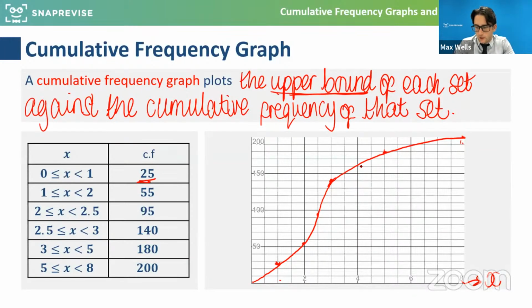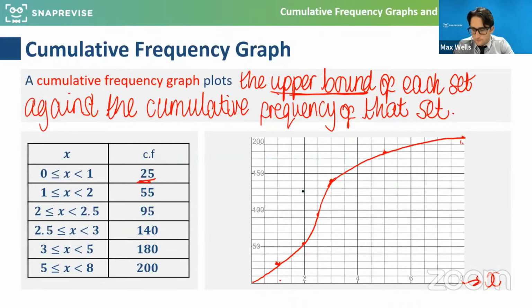And so what we can do from there is we can actually use what we've done to answer questions as a follow-up. And this process is technically interpolating because we've got something to work off of and discover values for.